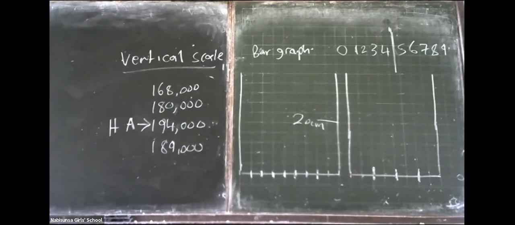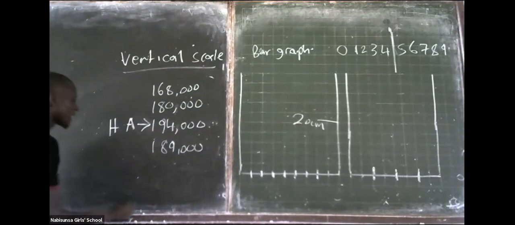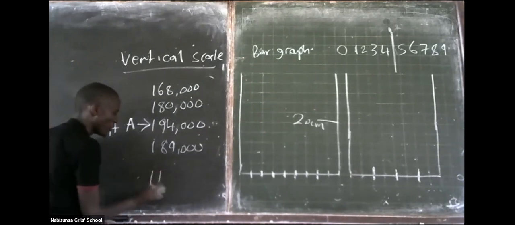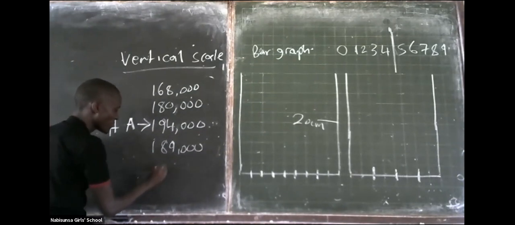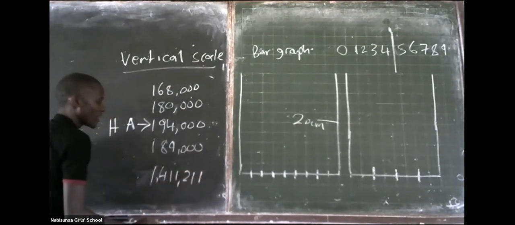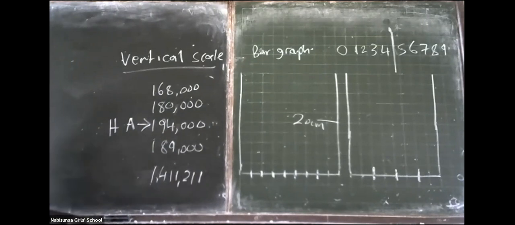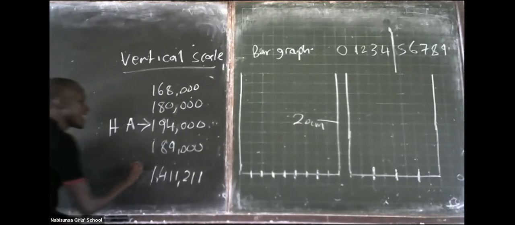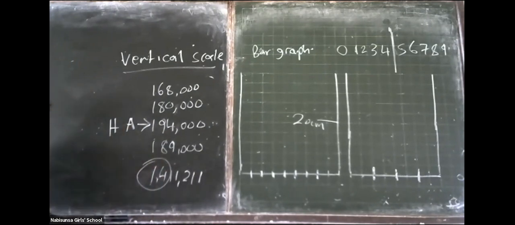Yes, teacher, this is the formula. Even if they give you like 1 million, or 1,411,21, the formula is our concentration is supposed to be on the first two numbers. I'm repeating.